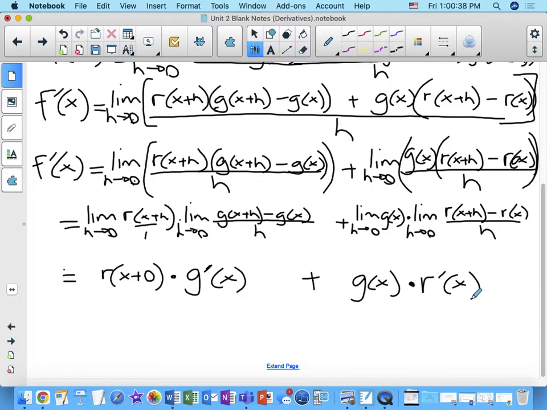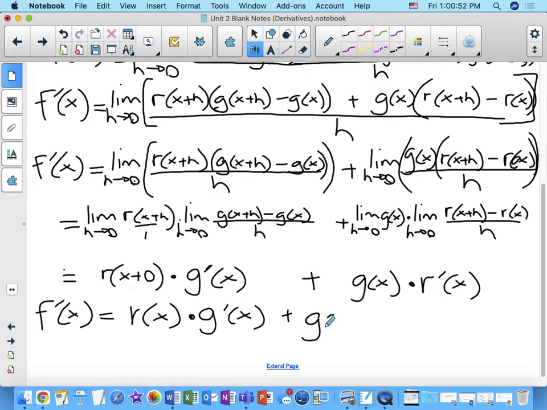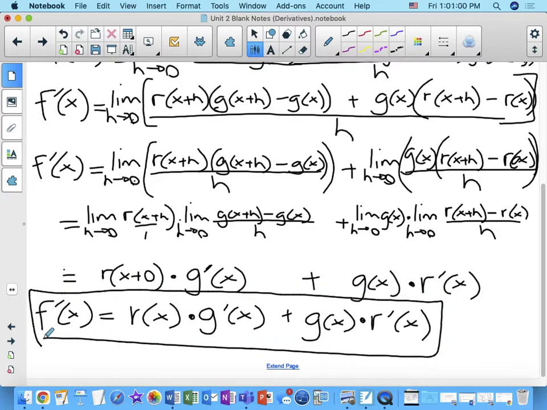And so what I get is that f prime of x is equal to, this becomes r of x plus 0 is just r of x times g prime of x plus g of x times r prime of x, which is the product rule.